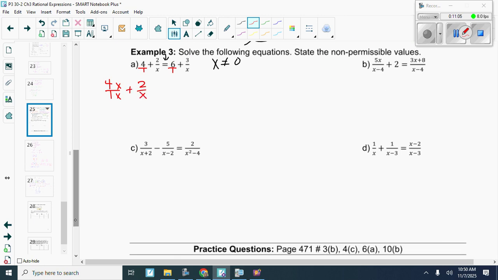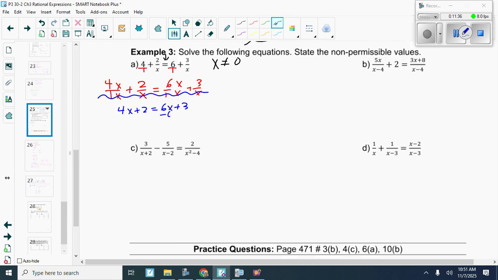So back to this guy, show top and bottom. Plus 2 over x is equal to 6x times x plus 3 over x. Once everything is over the same common denominator, thank you very much, you've done your job. Now we have 4x plus 2 is equal to 6x plus 3. When we have 1x, we can just isolate for x and solve: x on one side, everything else on the other side.